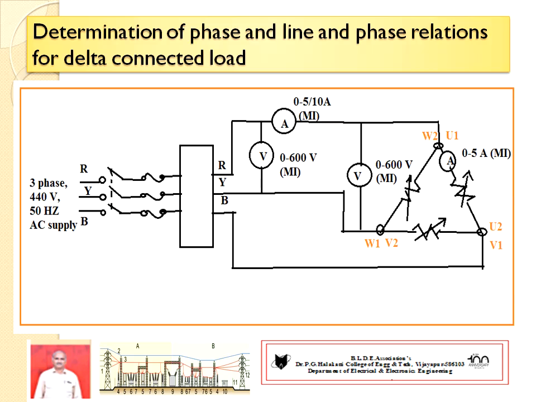Where U2 ends, you connect V1. Then where V2 ends, you connect W1, and W2 is connected to U1. Three points are obtained, total six points are there.